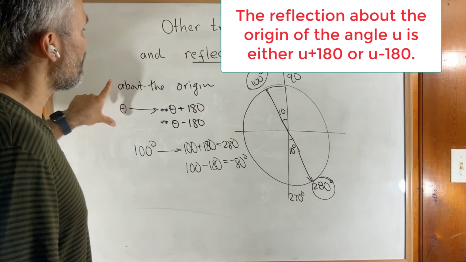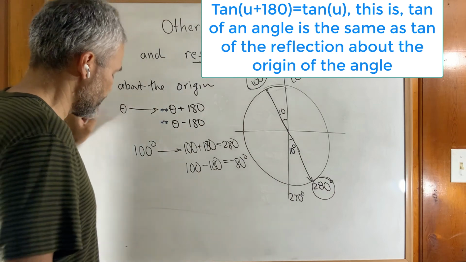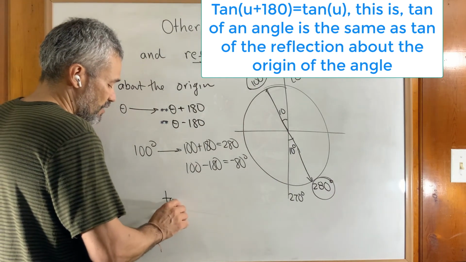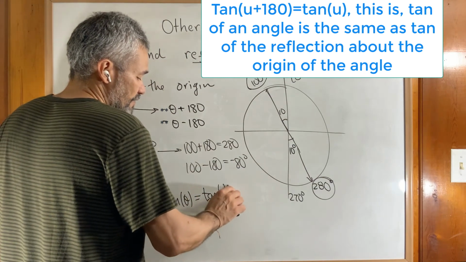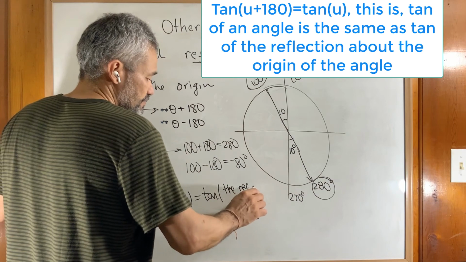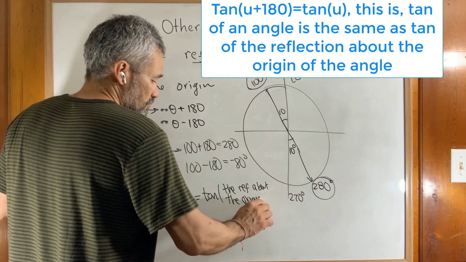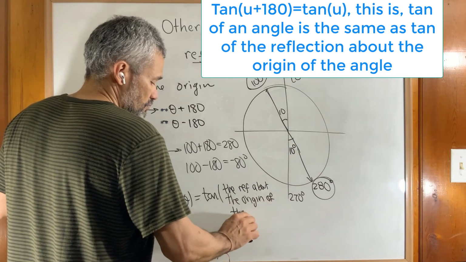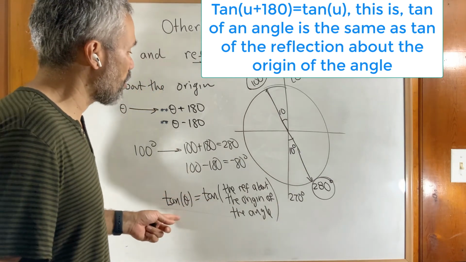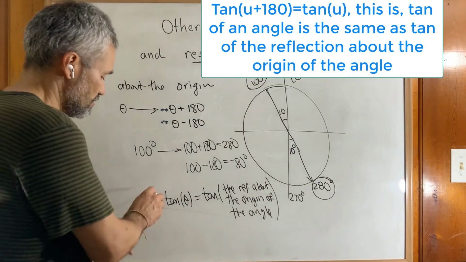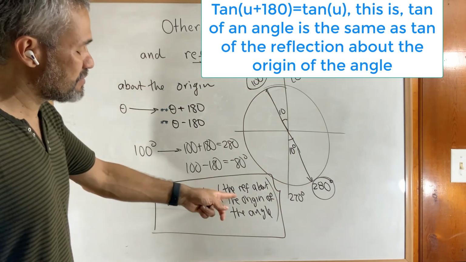And one important property about the reflection about the origin is that tangent of an angle is the same as tangent of its reflection about the origin.